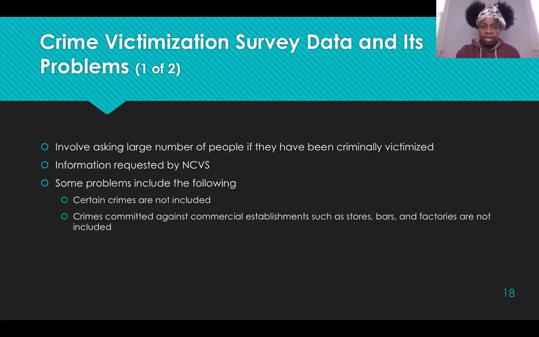Other problems that may arise when it comes to crime victimization surveys can be memory lapses that people have, or providing answers that they believe the interviewer wants to hear. They could forget large portions of the incident. They could embellish the incident.